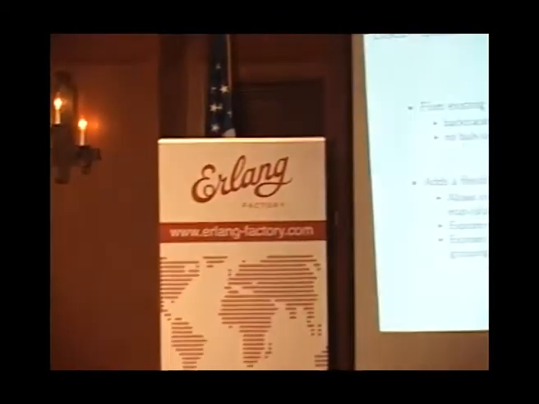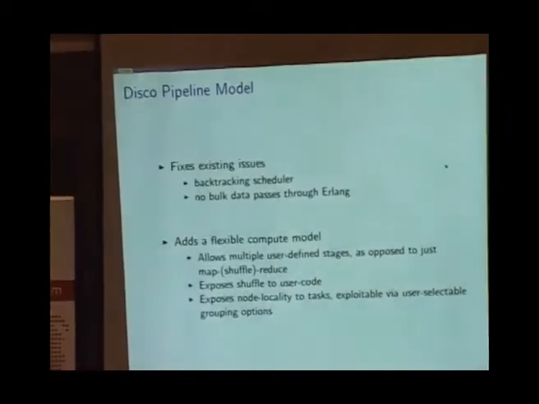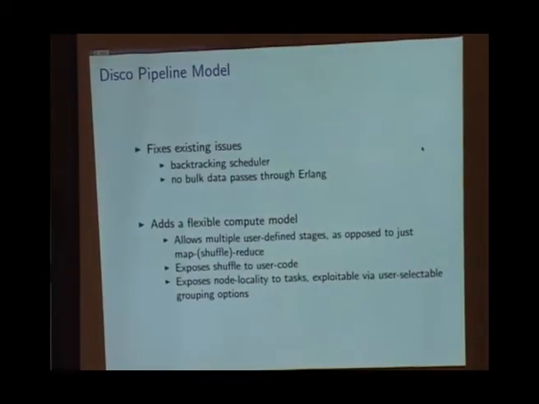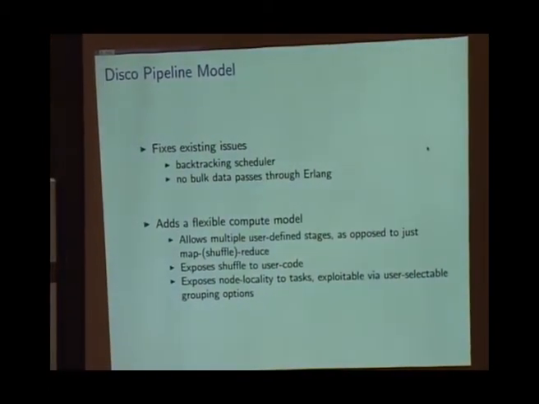In addition, it provides a fairly flexible compute model. You're not restricted to expressing your computation in just MapReduce phases with a hidden shuffle stage which you really don't have access to. This allows you to express your computation in a whole bunch of stages, and it allows you to perform node local optimizations in case you want to.